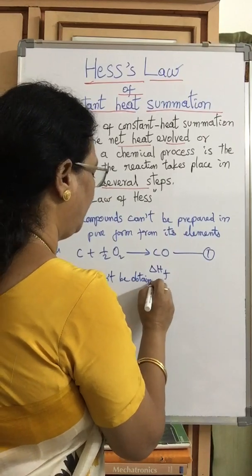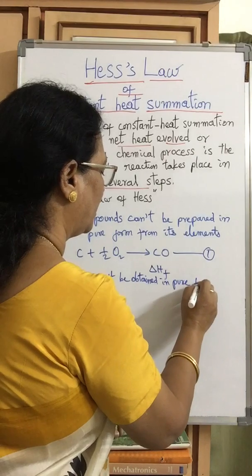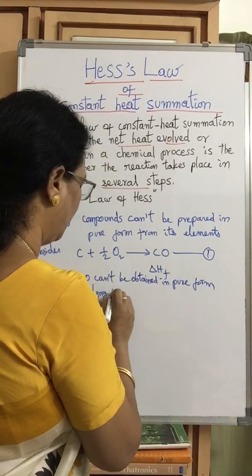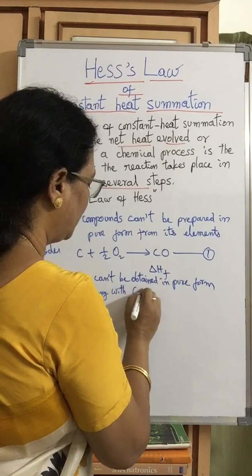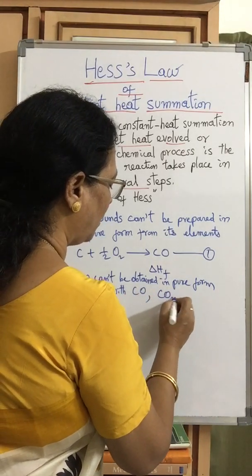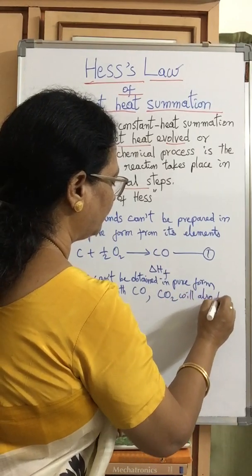CO can't be obtained in pure form. Along with the CO, CO2 will also be formed.